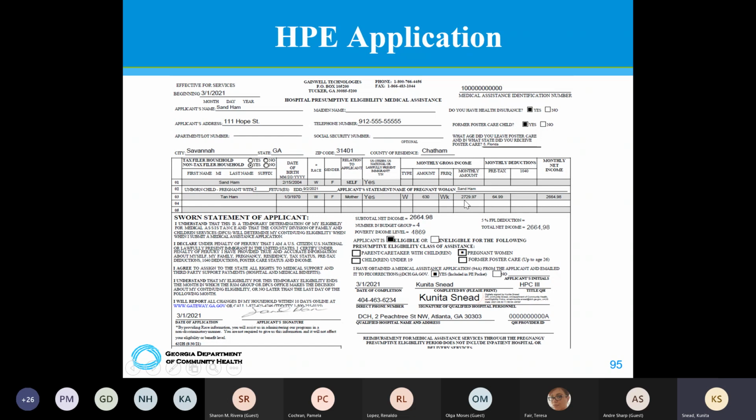The monthly amount is $2,729.97. Pre-tax is $64.99.